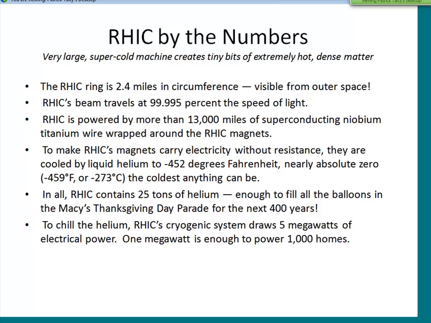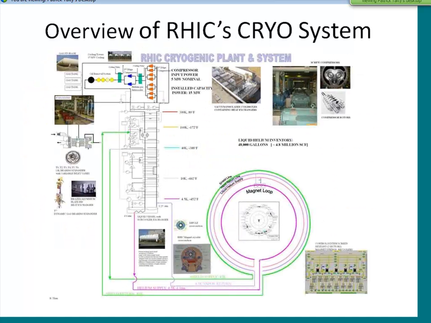I'm not going to read through all of them because I'd like to spend a little more time in the latter part of the presentation, but you can come back to this once they post it online and read some of the fun facts. One thing I will mention is that our cryogenic plant uses 5 megawatts of electricity, which is enough to power about 5,000 homes. So it uses a lot of power.